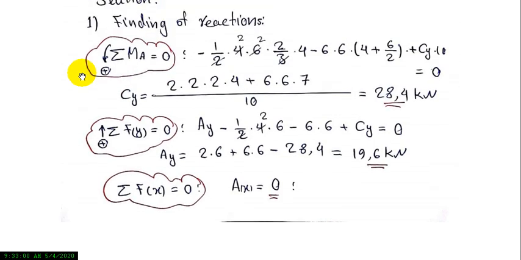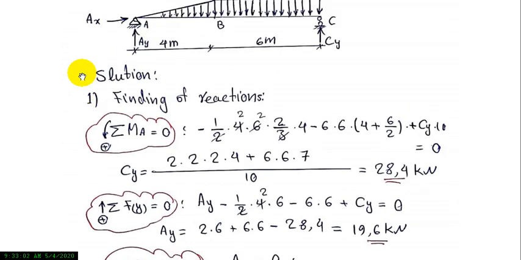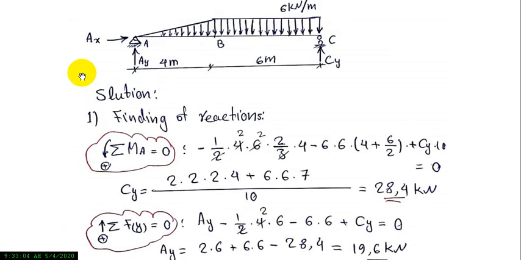As you know, every section has three internal loads: shear, moment, and normal force. We also divide this beam into two parts because the shape of the acting load differs. This part is rectangular and this part is triangular.